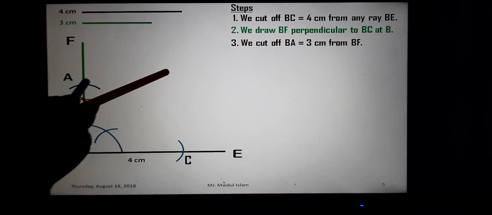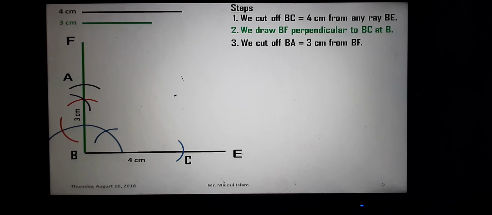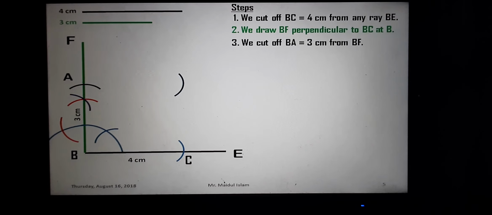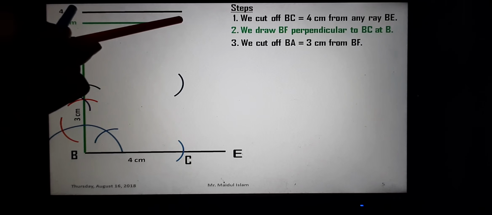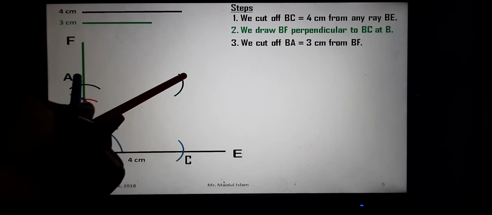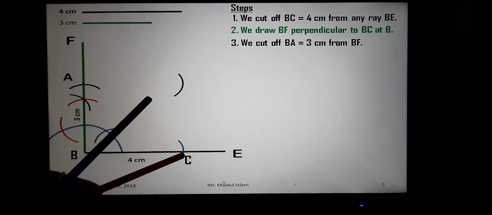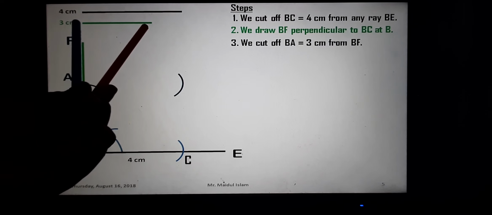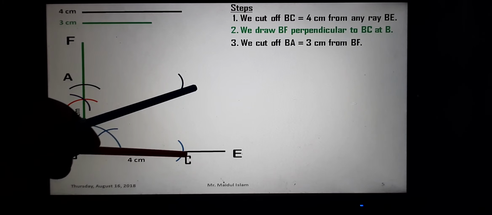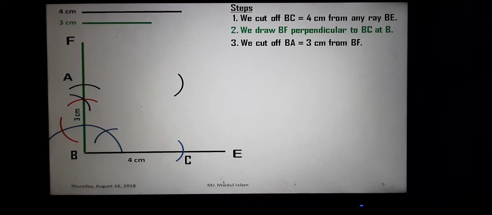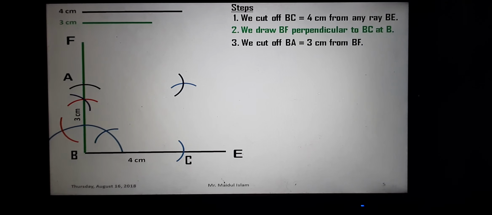And after that, centering C, taking a length of 3 centimeters, we draw an arc here. Like this way, try to draw another arc. This arc I have drawn centering C, and this arc I have drawn centering A.